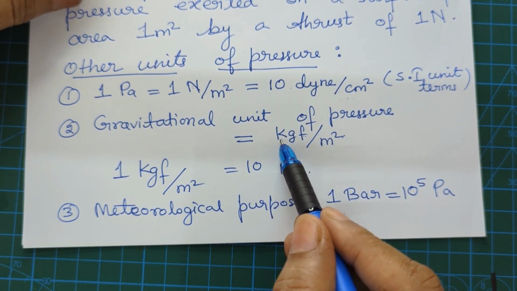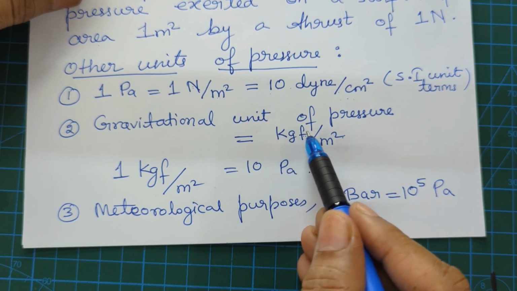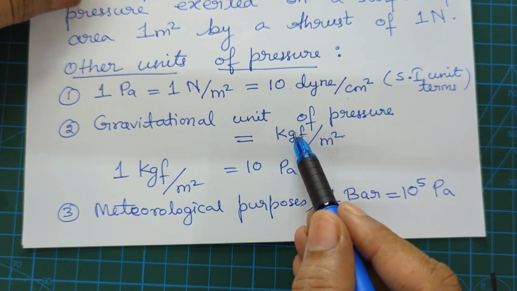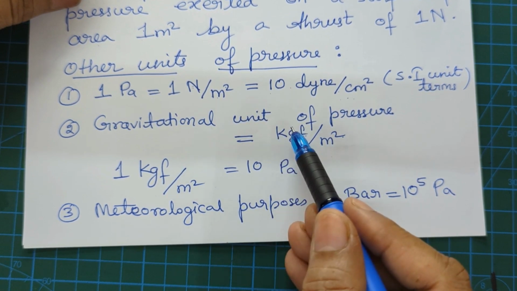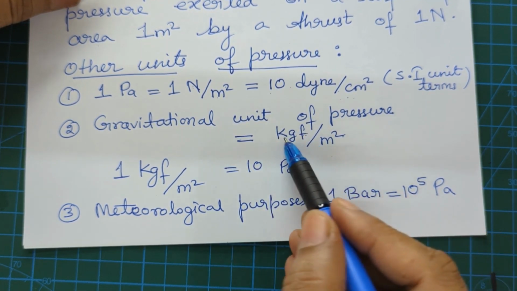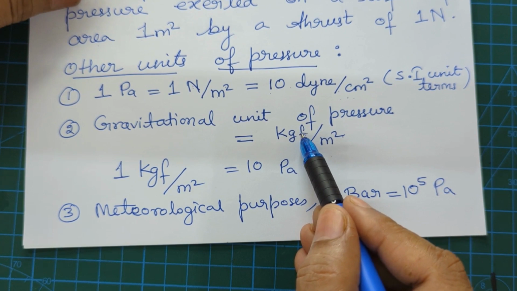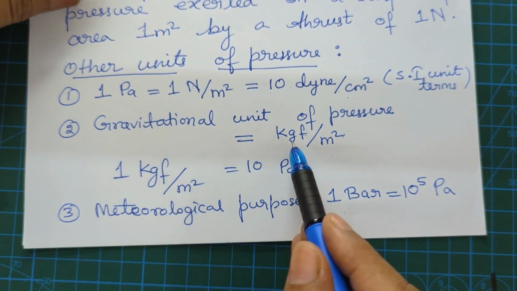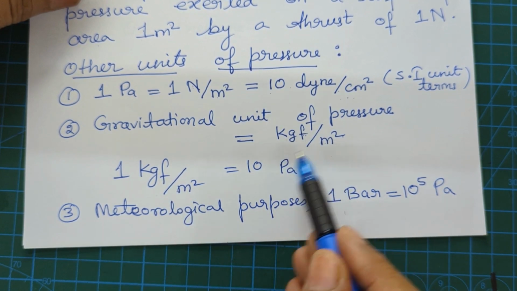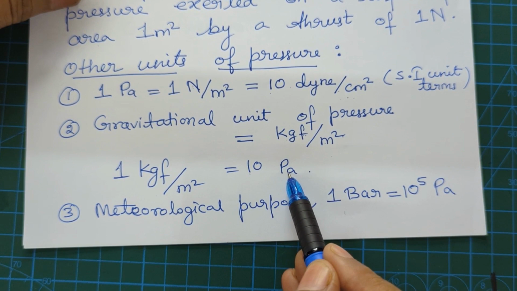And remember what is 1 kilogram force? 1 kilogram force is the force exerted on 1 kilogram mass of an object on earth. So 1 kilogram force is 10 or 9.8 newtons. So 1 kilogram force per meter square is 10 pascals.